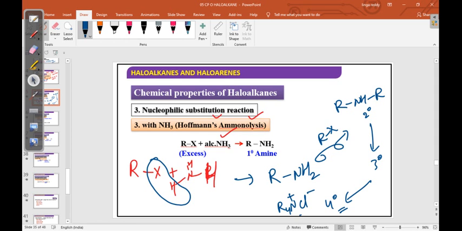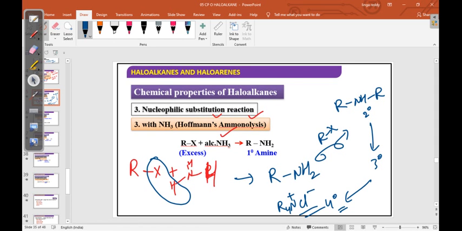This is the final product. If you want primary as the major product, then you have to take NH3 in excess. If you take less alkyl halide, then only one is substituting. If you take more, more are substituting, and you get quaternary.